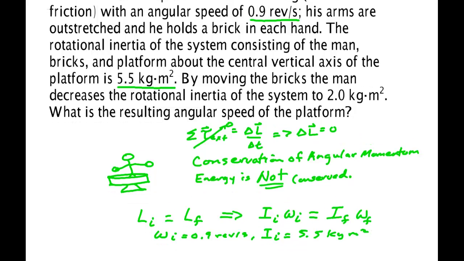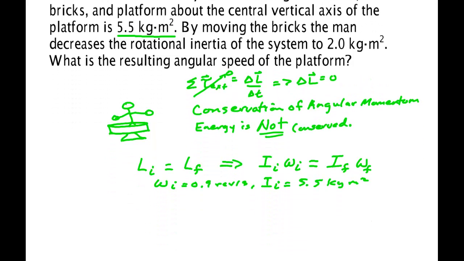Now he doesn't change his mass or the mass of the system by bringing the bricks in, but he changes the r that they are about the axis of rotation. And so he makes it have an equivalent smaller moment of inertia. It is the moment of inertia, not the mass, that determines the way objects rotate. So this is only 2.0 kilogram meter squared.